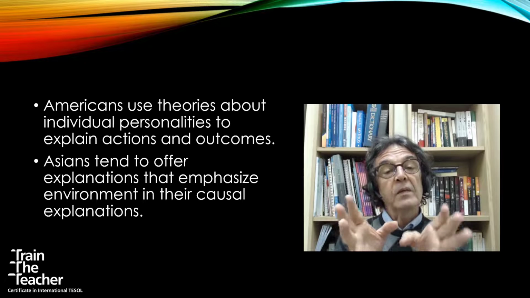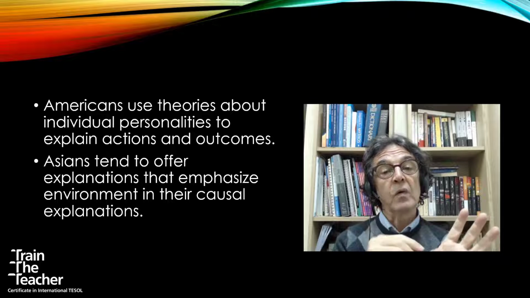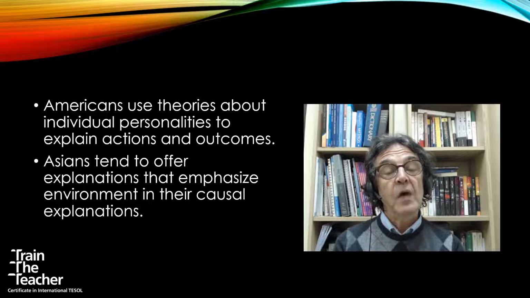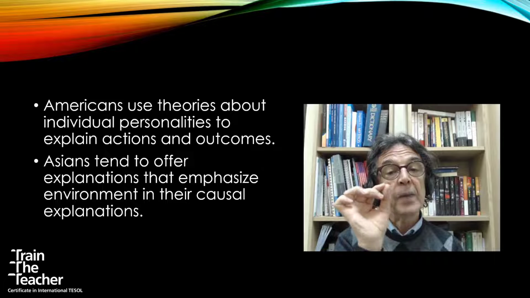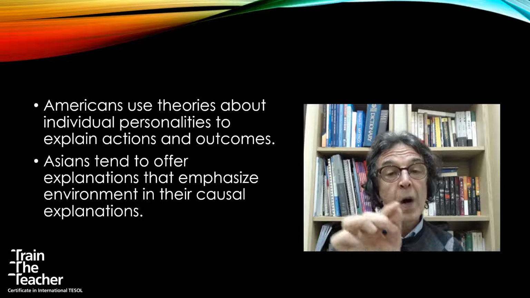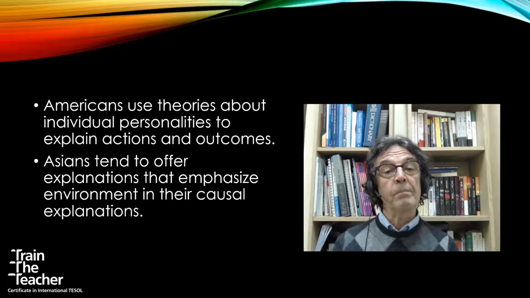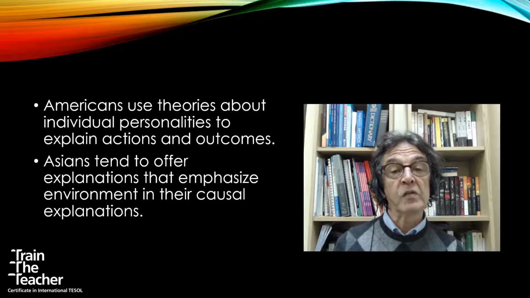It would appear that people with a Western perspective or an American perspective will think about that person's motivation, about their personality, about who they normally are, and because of who they normally are, why they committed the crime. That would be a very Western approach to the description of a crime.